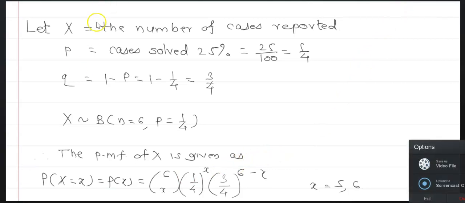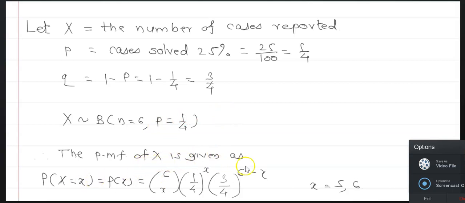Now here let X be the number of the cases reported, p, the cases solved is 25%, that is equal to 1 by 4. Therefore the value of q is 1 minus p, that is 1 minus 1 upon 4, equal to 3 by 4. X follows the binomial distribution, n is equal to 6, p is equal to 1 upon 4.